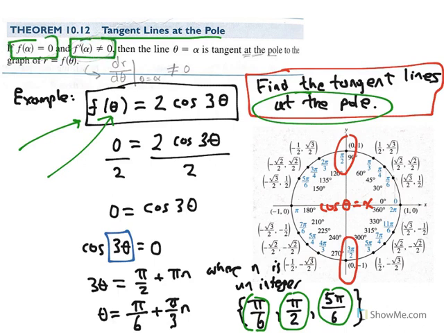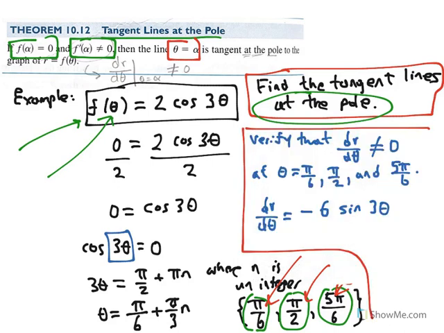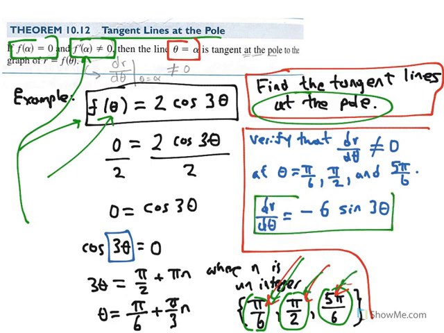If you have a point at the pole and the derivative of your polar equation at those values, pi over 6, pi over 2, and 5 pi over 6 is not equal to 0, then the line theta is equal to alpha is tangent at the pole to the graph of the polar equation. You should verify that dr d theta is not equal to 0 at these angles, and you can find dr d theta and evaluate it at each of these angles to make sure that it's not equal to 0. It's not equal to 0 in our problem.